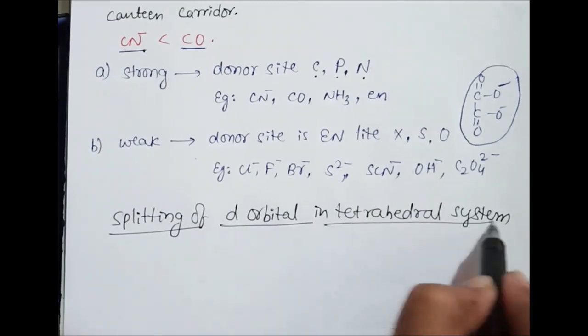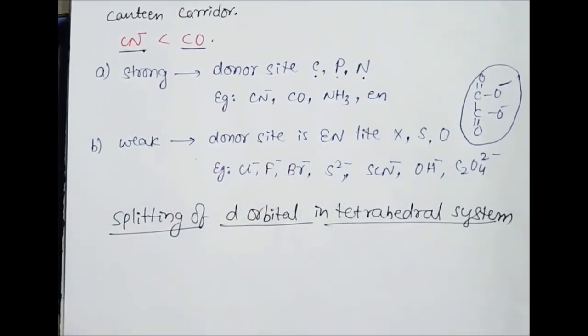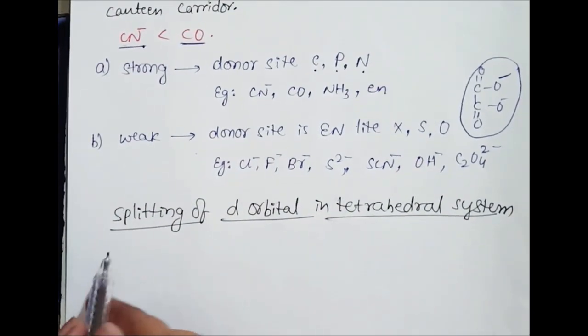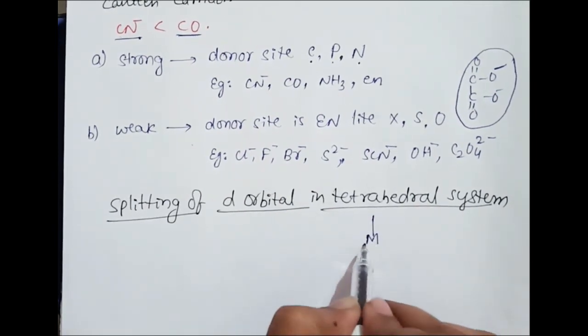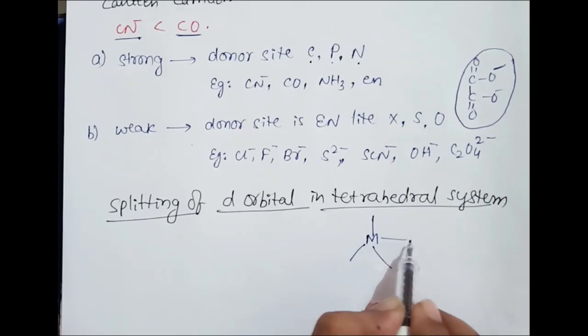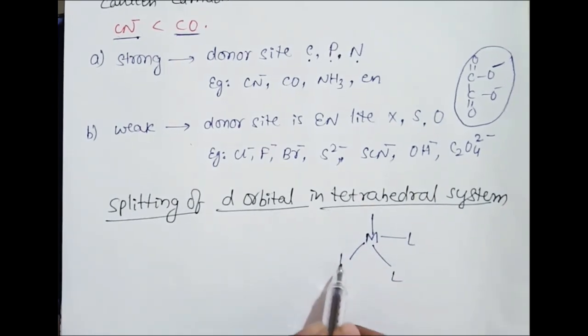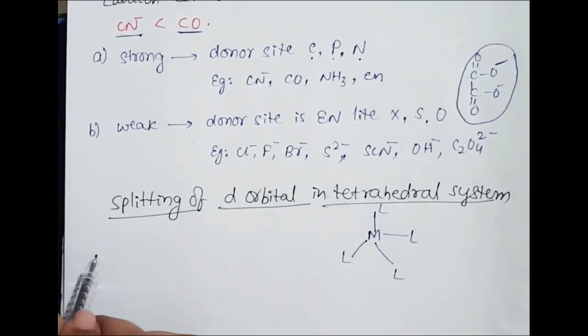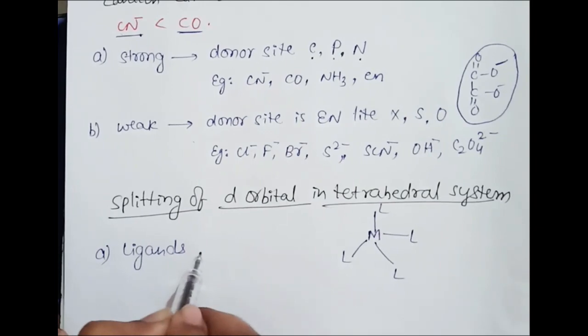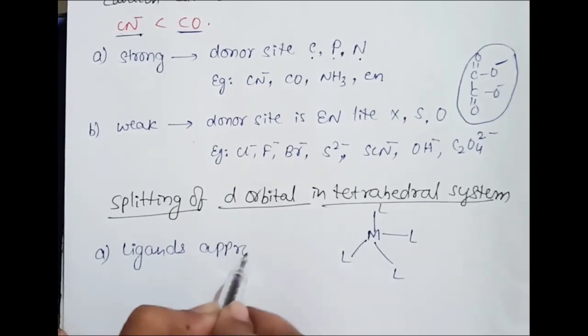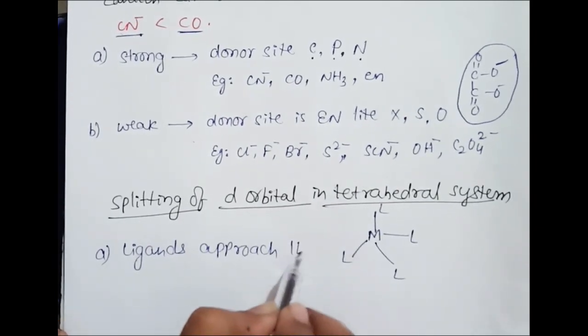First of all, in tetrahedral you have to see how ligands are approaching the metal. If you take a metal in a tetrahedral system, the angle is 109 degrees. There are only 2 points here. Point number 1: ligands approach the metal in which way?